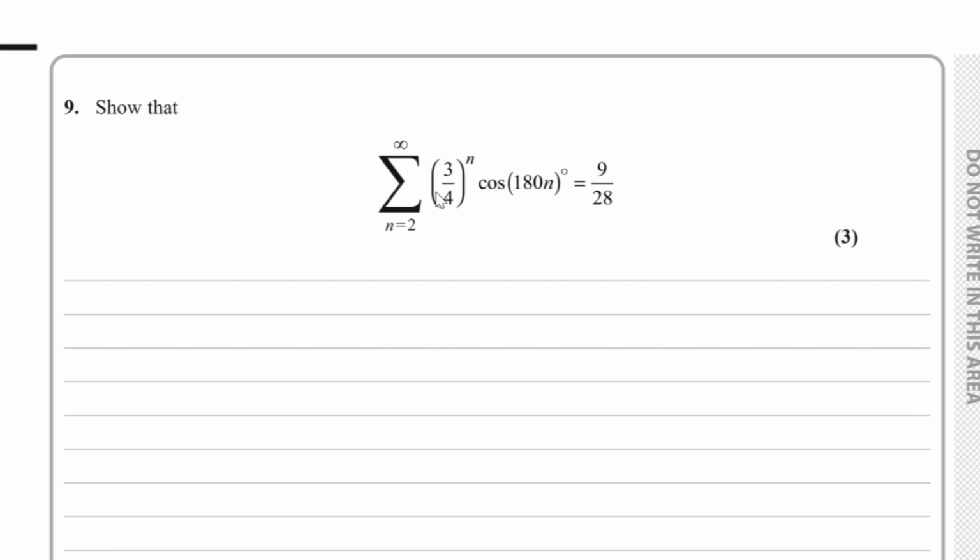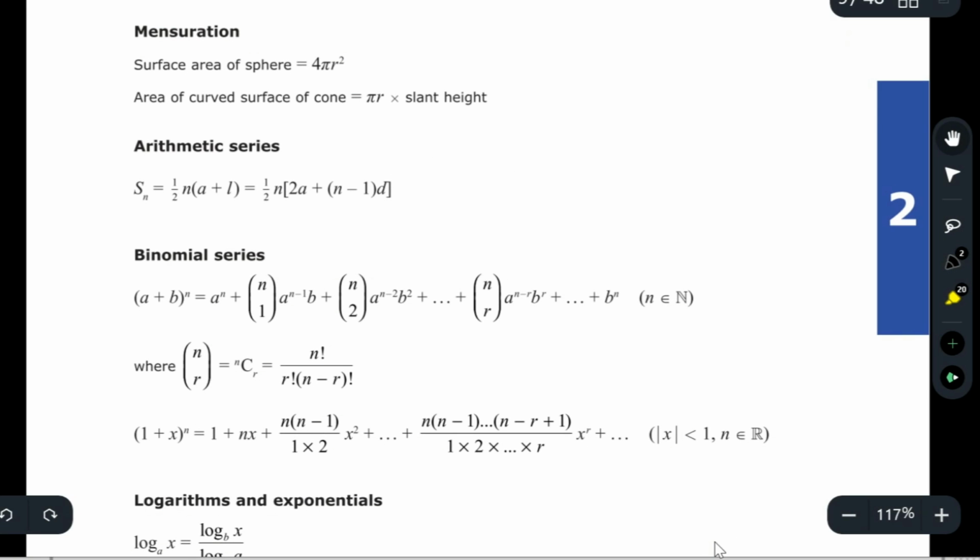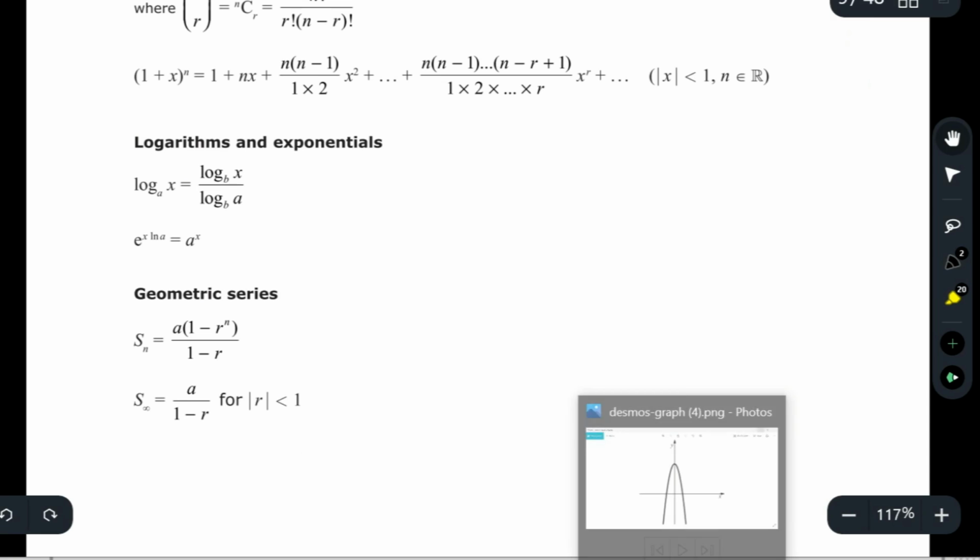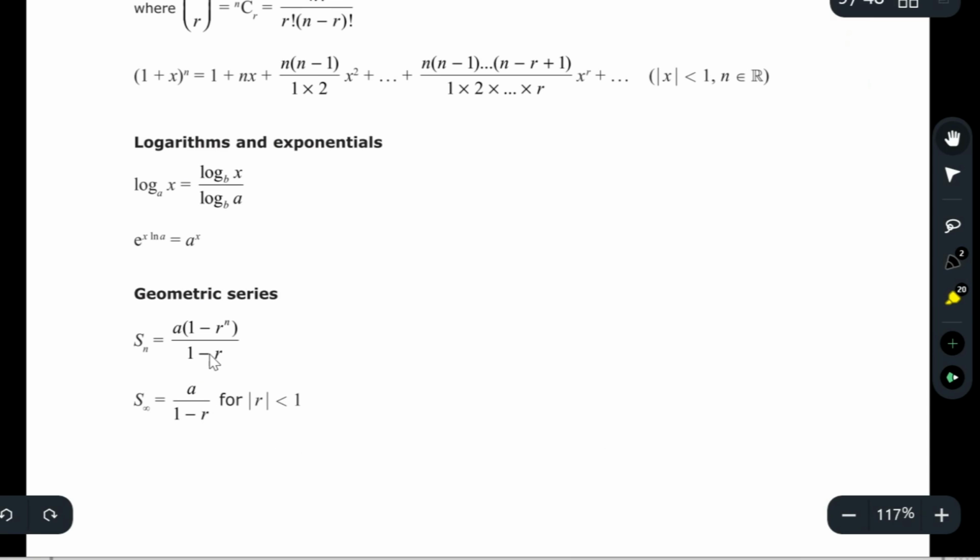Because we're multiplying and then adding everything together to infinity, this would suggest that we have a geometric sum to infinity. And if we take a look in the formula book, it suggests to us that we need to use this formula over here at some point. So what we need to find out is what a is, the first term, and what r is, the common ratio.